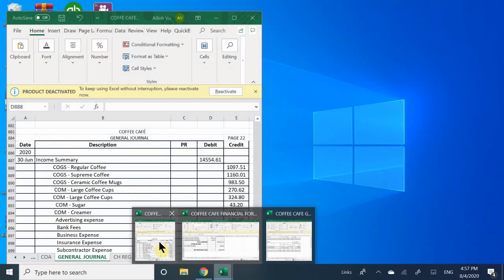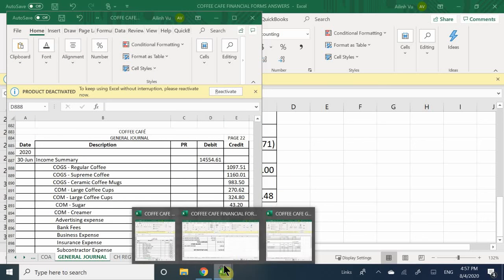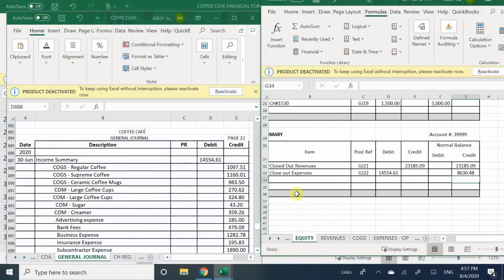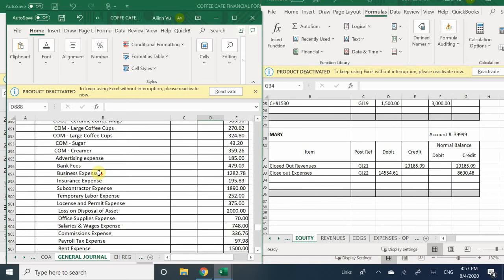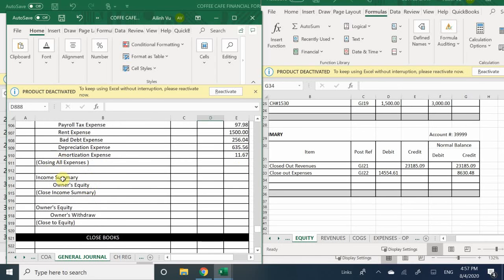Okay, so what's going to happen next is, now that I finally got my correct number here by closing out all my revenues and closing out all my expenses, my income summary has a credit balance of 8630.48. In order to move that profit into equity, I'm going to have to close out my income summary, which I know has a credit balance, so therefore I need to debit the account to zero it out.